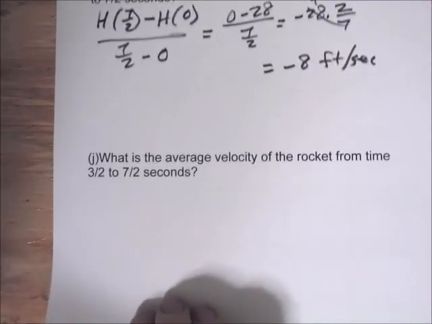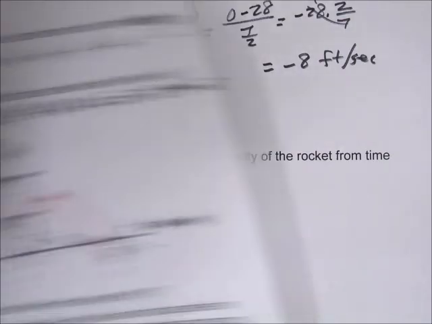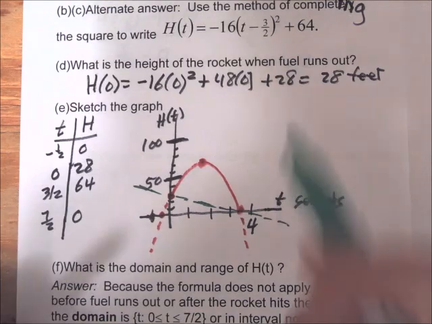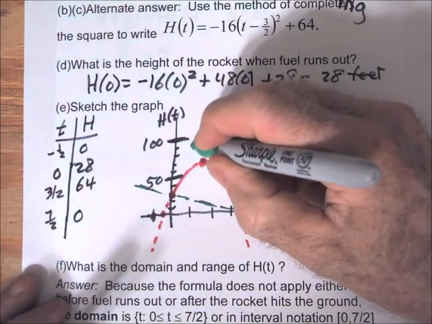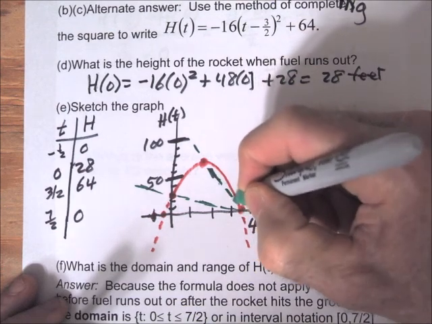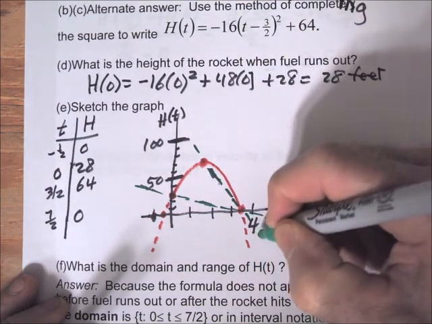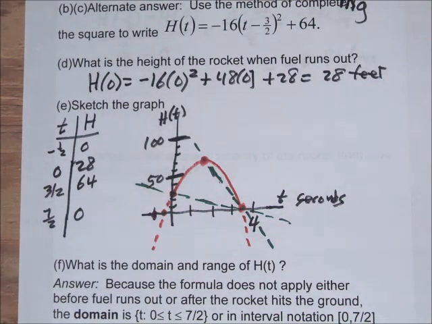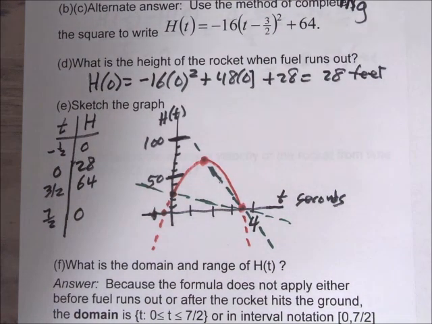Average velocity from time 3/2 to 7/2. So that's time 3/2, that would be at the maximum height. Again, it's the slope of the secant line, but it'll be a different secant line here. It looks like it's a steeper line. We expect it to be a steeper slope.